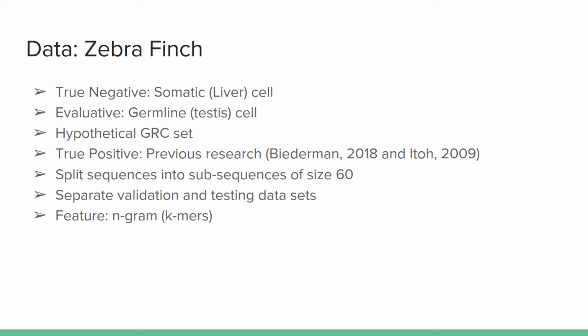And the features that we selected were n-grams, which are often called k-mers in the biological literature. In this case, we selected a 4-gram, and since there are 4 letters in the DNA alphabet, there's a feature space of 256.